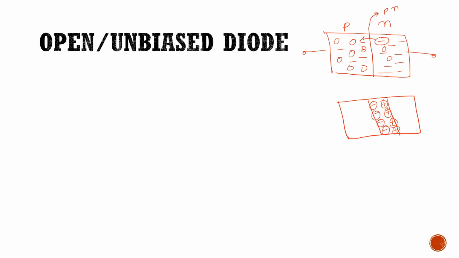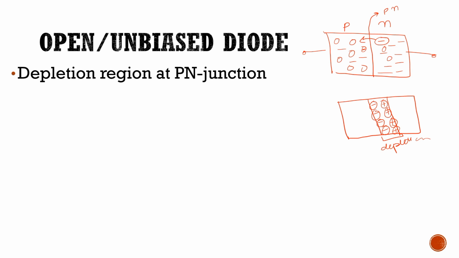These positive and negative charges are forming the depletion layer. So this open or unbiased diode has a depletion layer at the P-N junction.